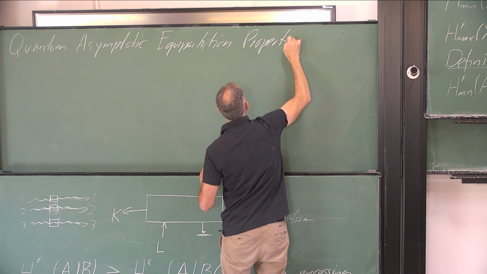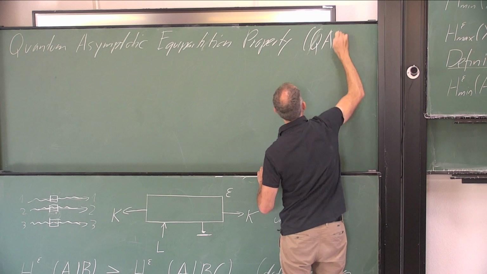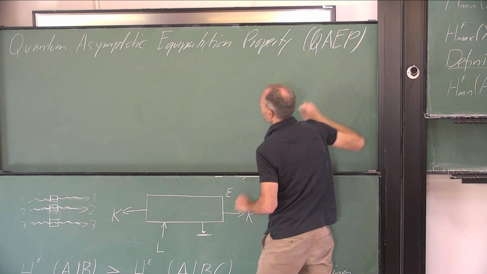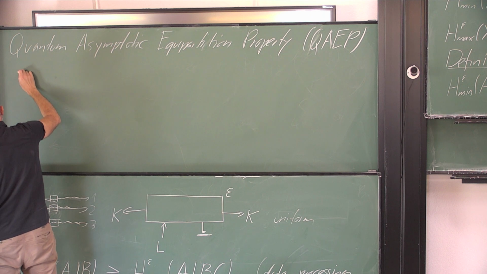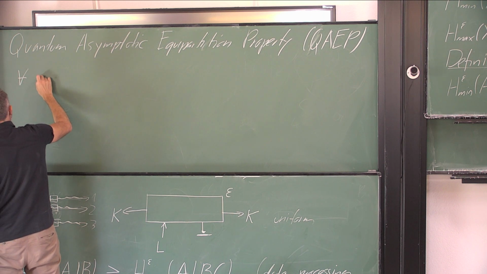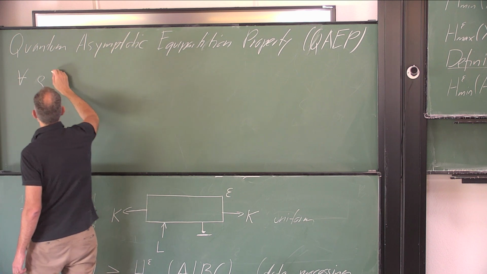Because this is a long word, it's usually abbreviated by QAEP. And this statement gives you a relation between the mean entropy and the von Neumann entropy.